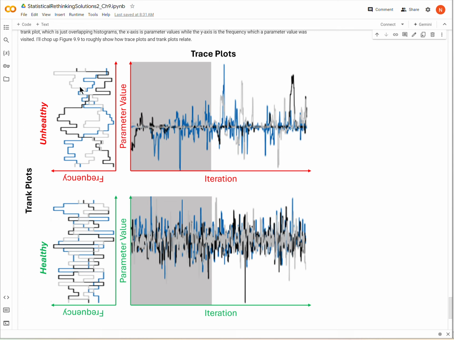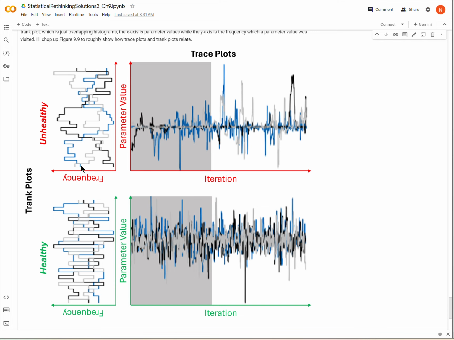Now on the Trank plot, I've flipped it up on its end here just to show that its x-axis is the parameter value, whereas in the trace plot that was the y-axis. If you tilt your head to the left, the x-axis is the frequency at which each of the parameter values, or at least each bin of the parameter values, is being arrived at during the running of your model.